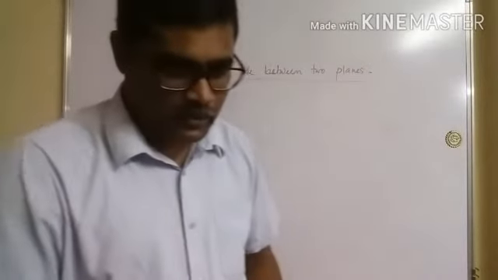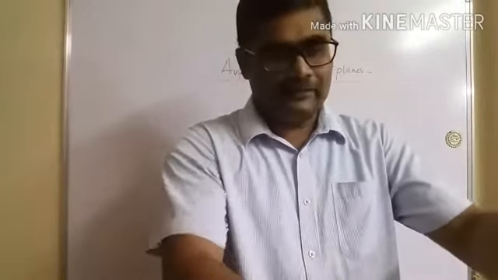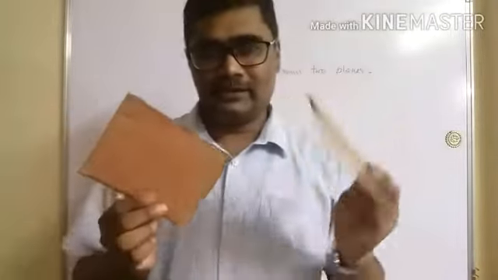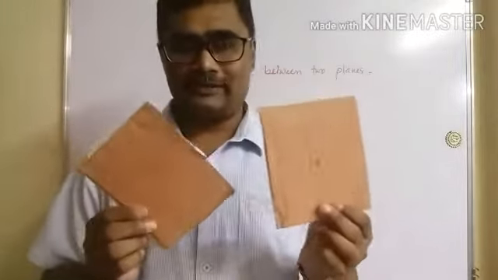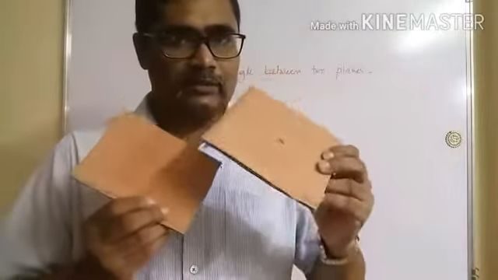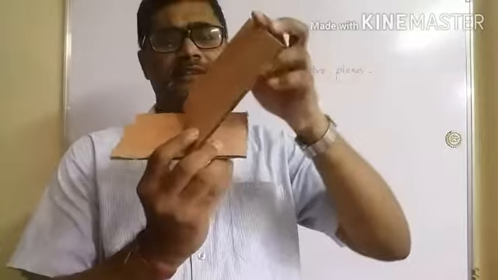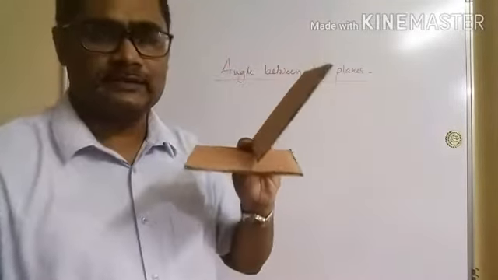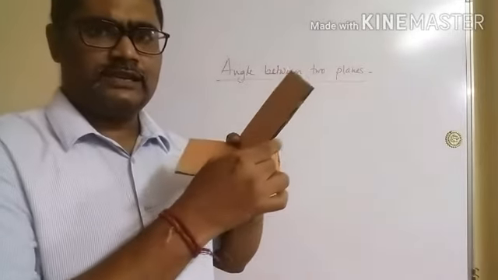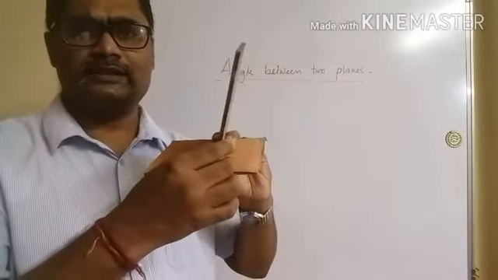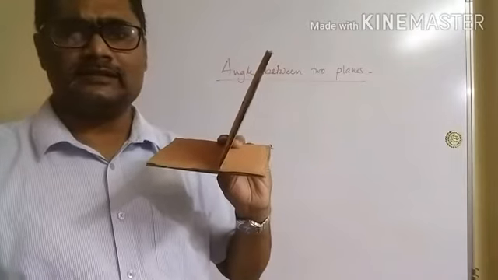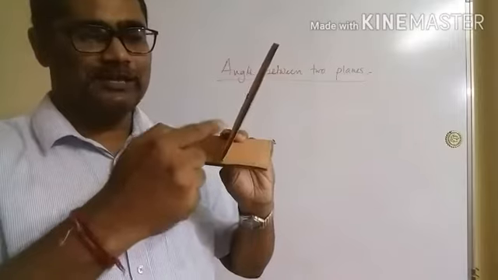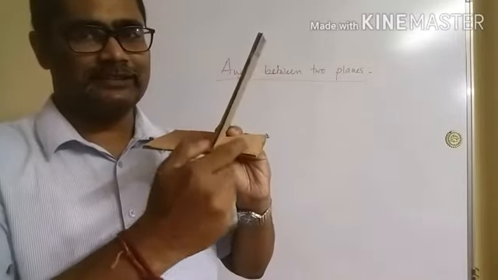Let's see how. Okay, first thing, these are the two planes whose angle I'm going to find. Suppose these two planes are inclined in this way, right? Now can you see one very important thing, that these planes are making two angles with each other. One is this one, another is this side.